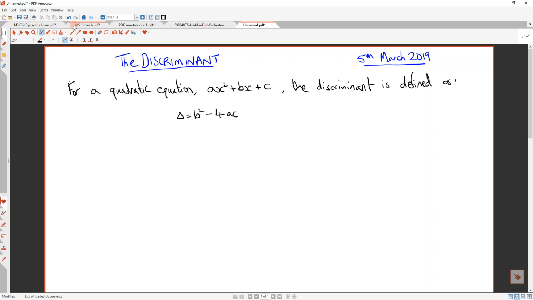Okay? So the little triangle just means discriminant. And you should all recognize the discriminant b squared minus 4ac because that is the part underneath the square root sign in your quadratic formula.